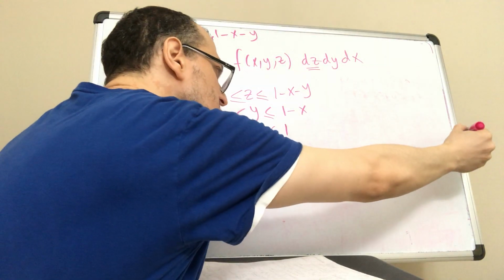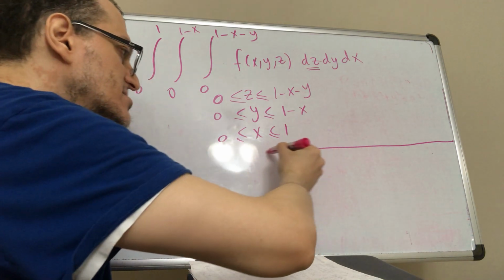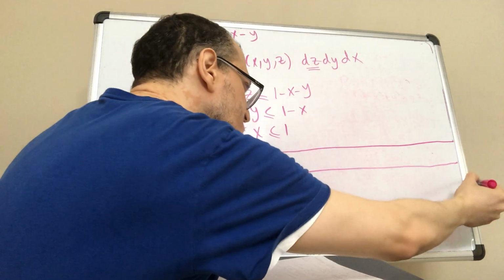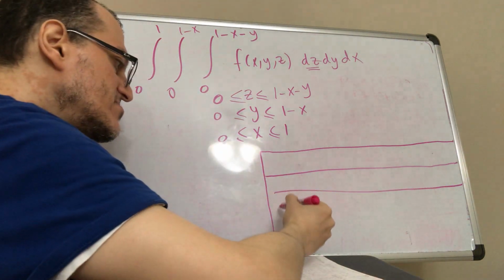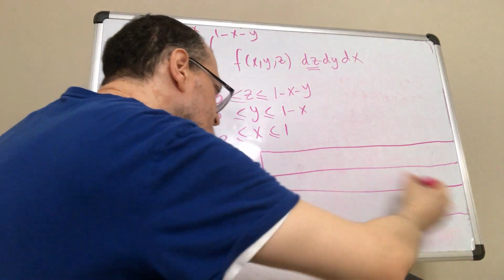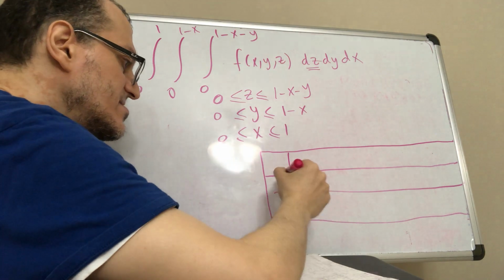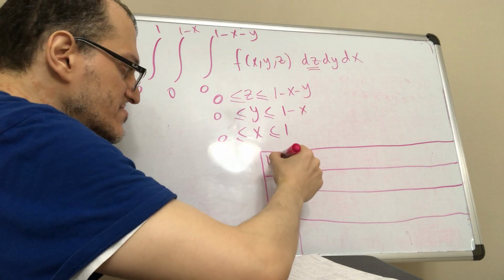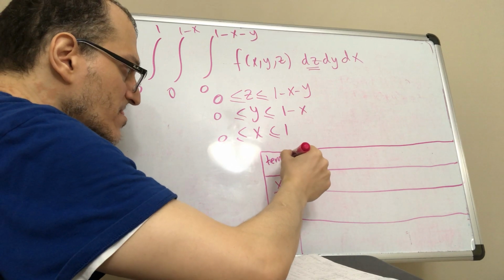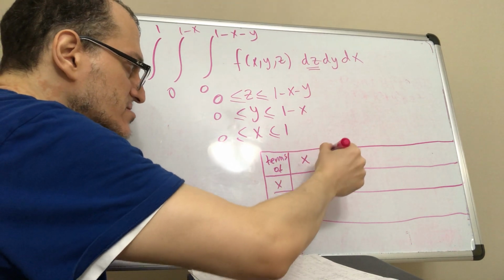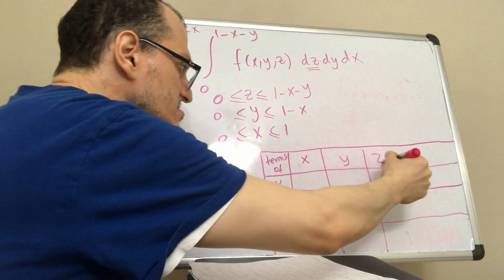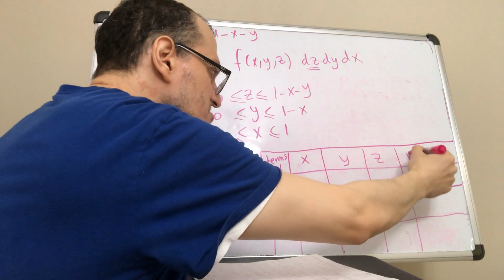You're going to do this table in the exam. I find this table very helpful. So you have x, y, and z in terms of multiples.